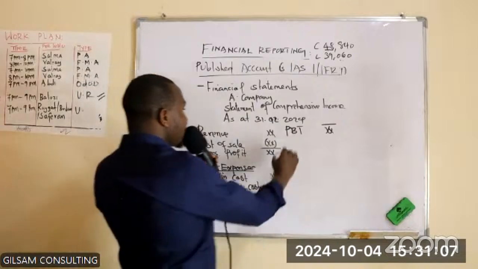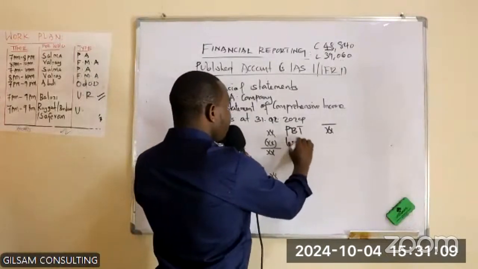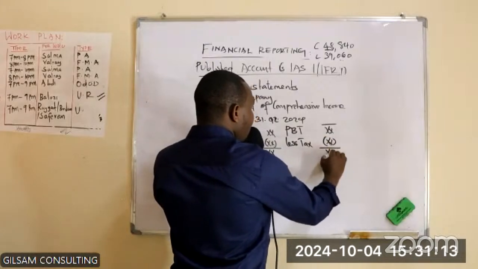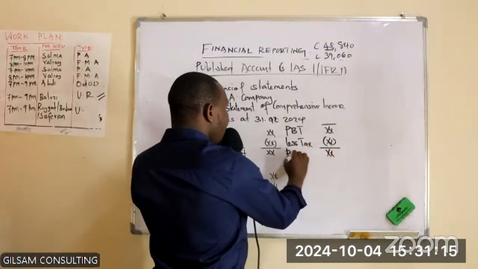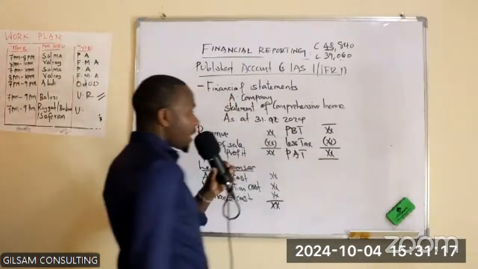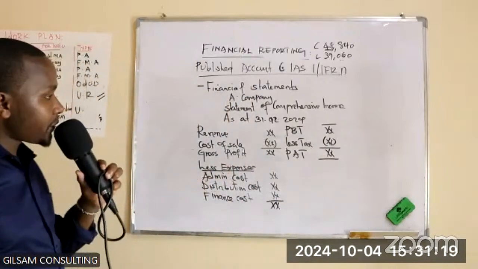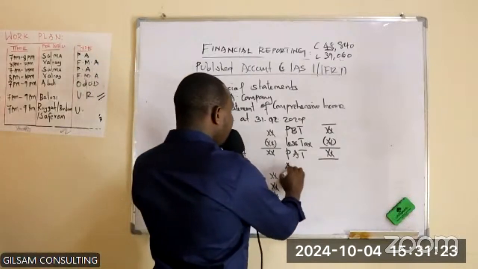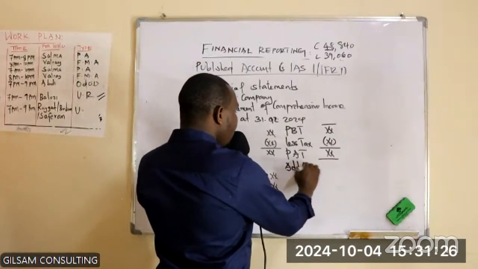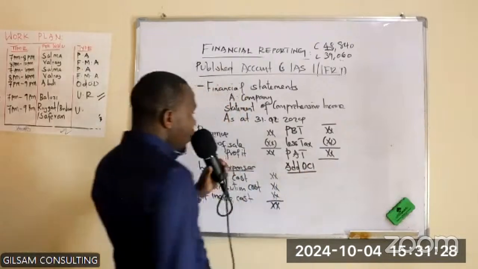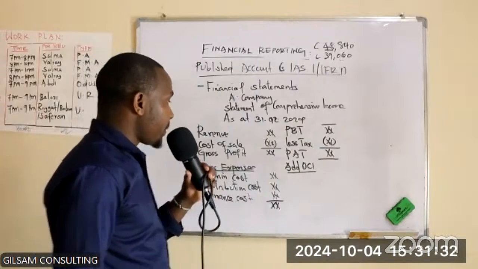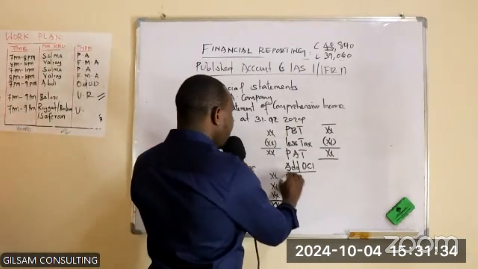And then we less tax. We get the profit after tax. Once we get the profit after tax, we add OCI. Remember OCI, we said, is other comprehensive income. So maybe we have revaluation.